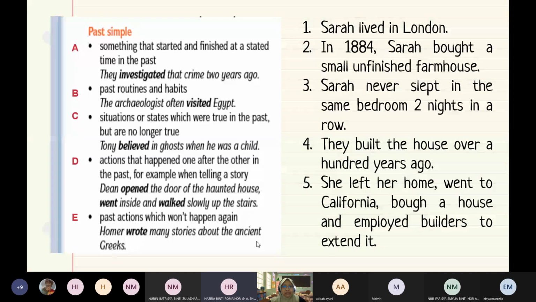Sarah lived in London. So why do they use simple past tense? Because of which situation? Who is here?